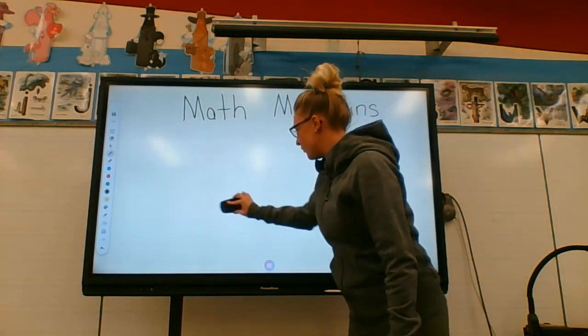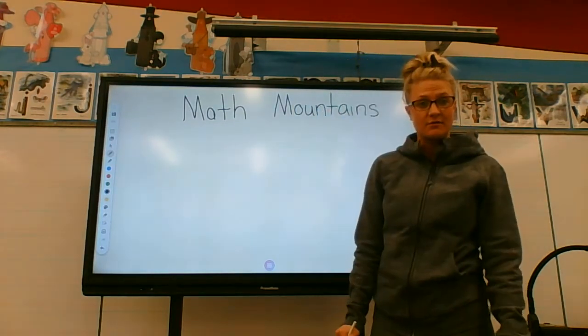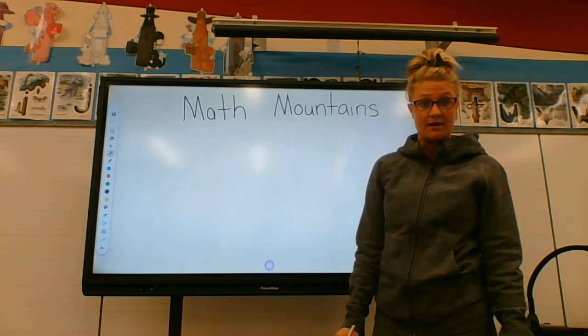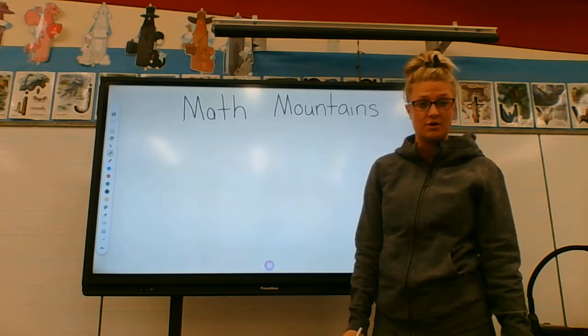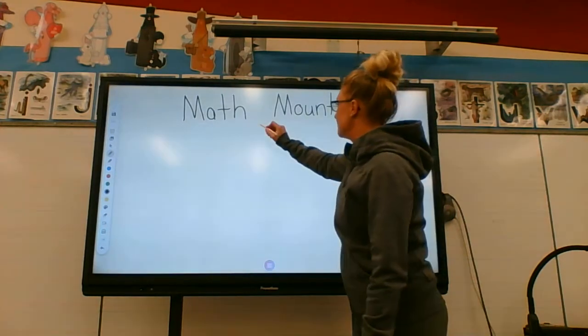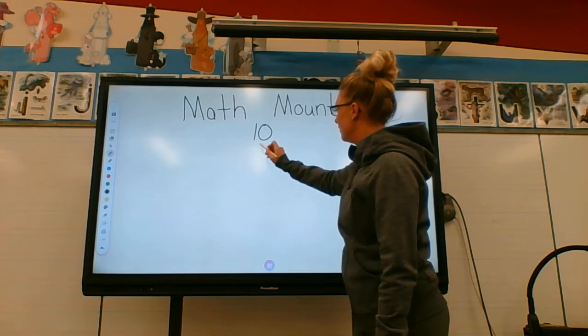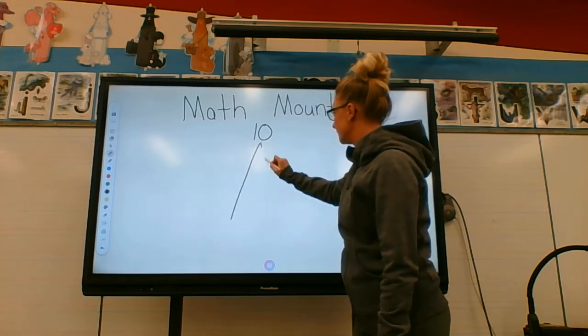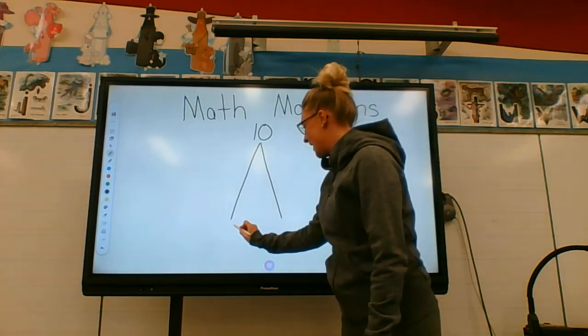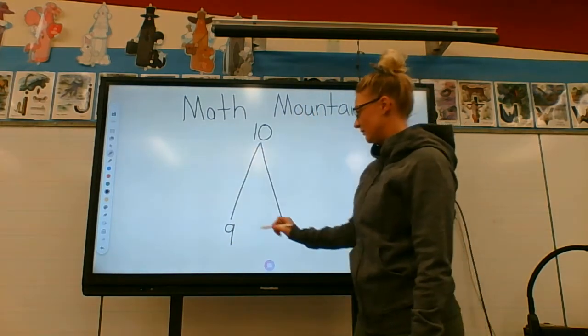If we look at the 4th row on our worksheet, all of those math mountains are partners of 10. So for the rest of the worksheet, you're just focusing on making partners of 10. I'm going to pick the first one in that row, and it has a 9 down here at the bottom, and now we have to do 9 circles.